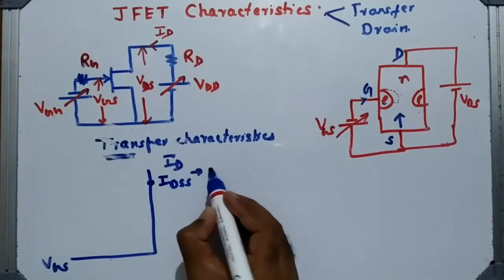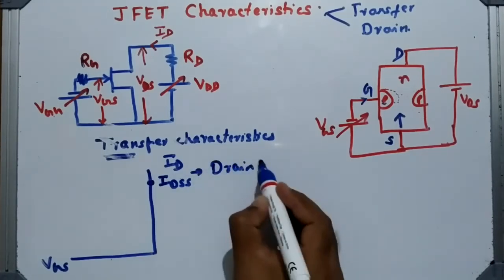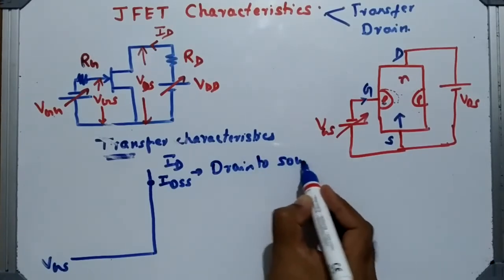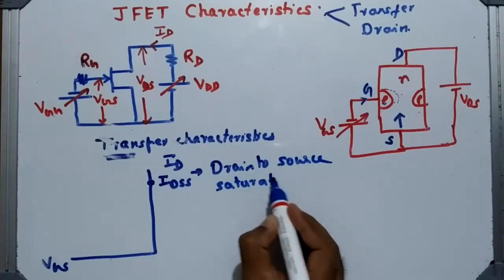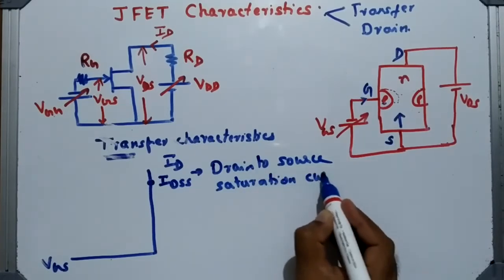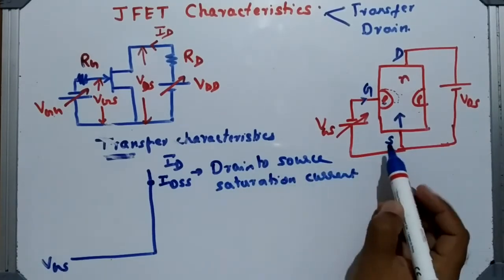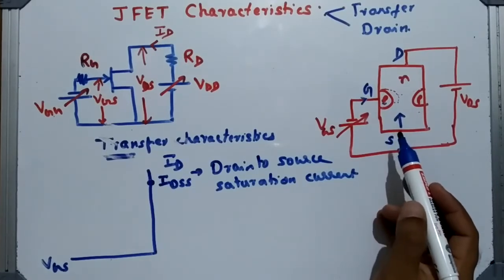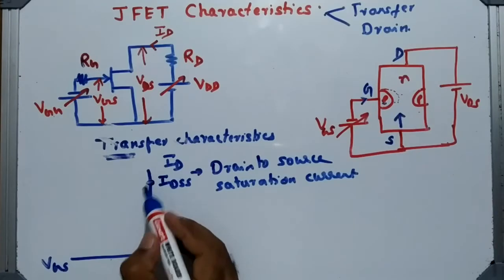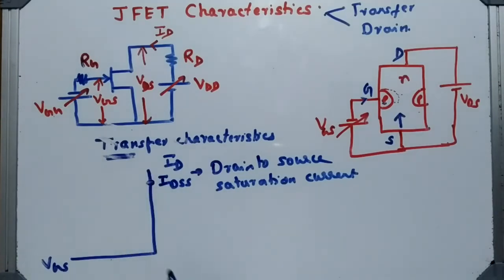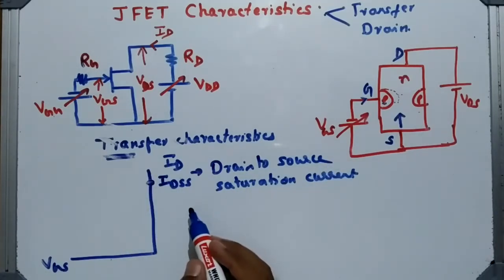This is called drain to source saturation current. So drain to source saturation current is the current flowing through a JFET when gate to source voltage is equal to 0. And this is the maximum possible value of current in a JFET.